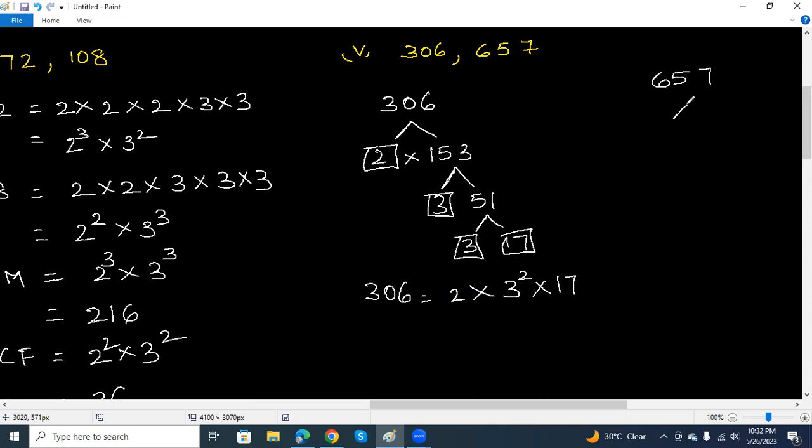Now 657 also big number. So first we will write. We are not giving a direct trial here. We may make mistakes. So let's do here 657. 6 plus 5, 11, 11 plus 7, 18. So 3 goes, right? With 3. 3 2s are 6, 3 1s are 3, 2 is remainder. 3 9s are 27. Now this we need to do. 3 table again. 3 7s are 21.